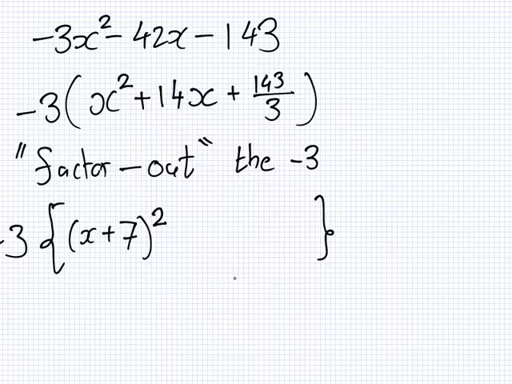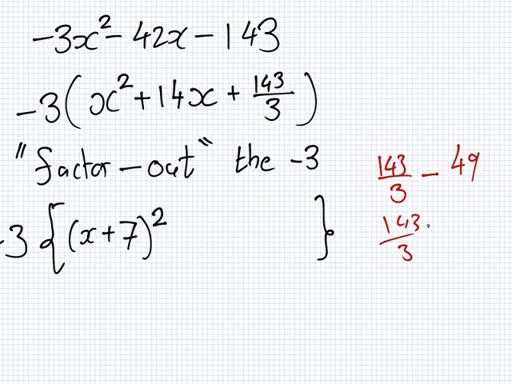And then for the next part, we'll need 143 over 3 minus 49, which is 143 over 3 minus 147 over 3. Yes. Minus 4 over 3? Yes. So this here is minus 4 over 3.